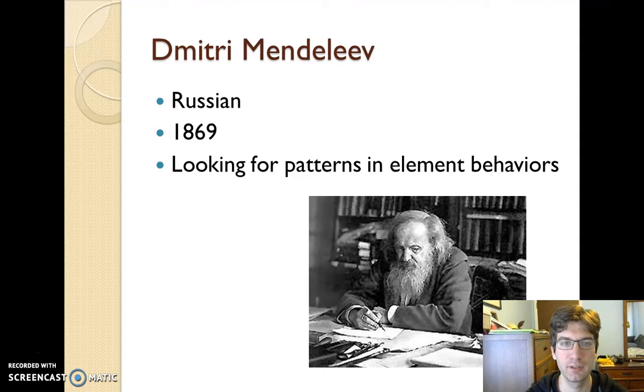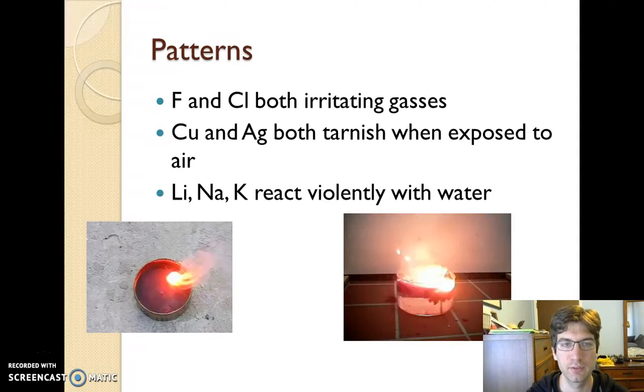And what he did was he looked for patterns in elements' behaviors, so how they reacted to different situations, which ones did the same thing, which ones had very similar properties, those kind of things. So he's going to look at them. Some of the patterns that he has figured out in some things that you should know.